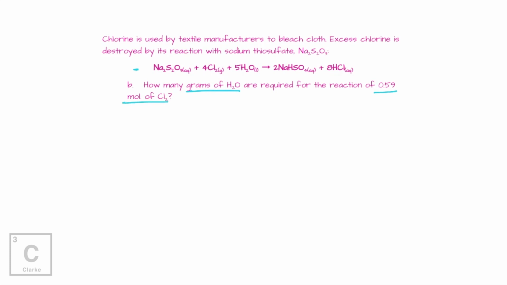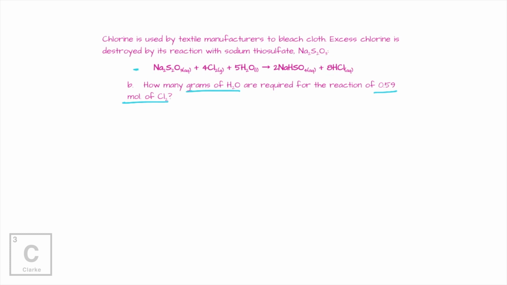So this time, we only have 0.59 moles of chlorine, but we're trying to decide how much water we're going to need for this reaction. So we are going to have to use that mole ratio, but we're going to grams, and so we're going to need an extra step.